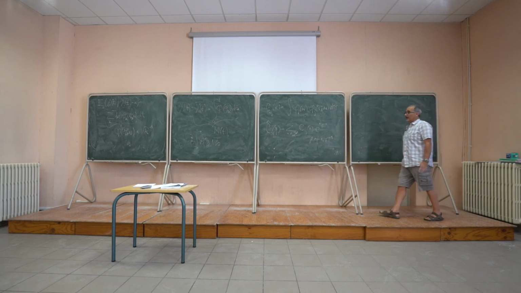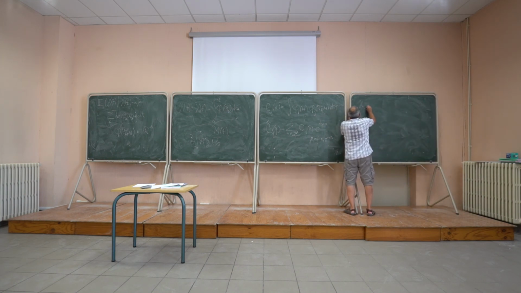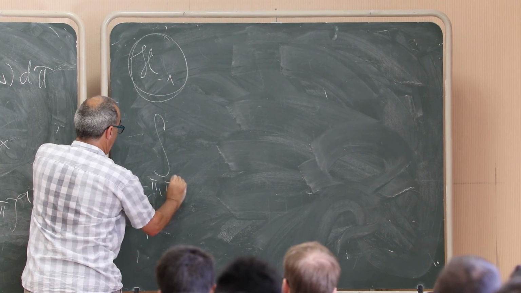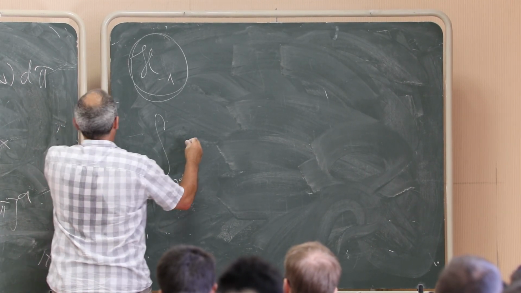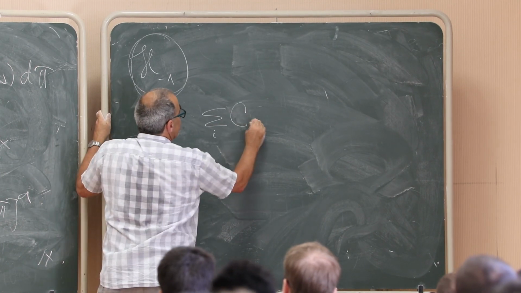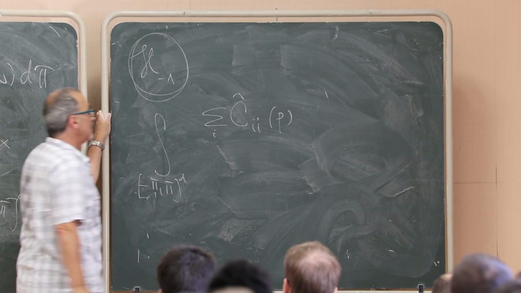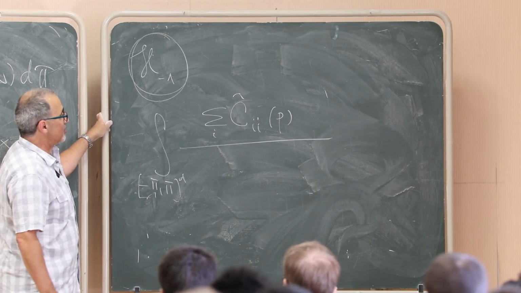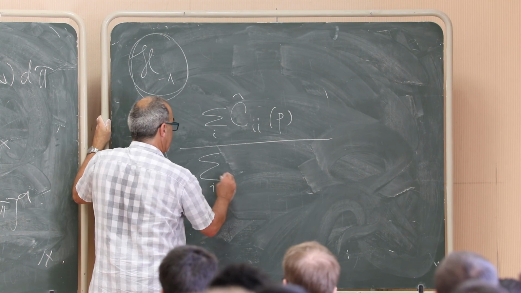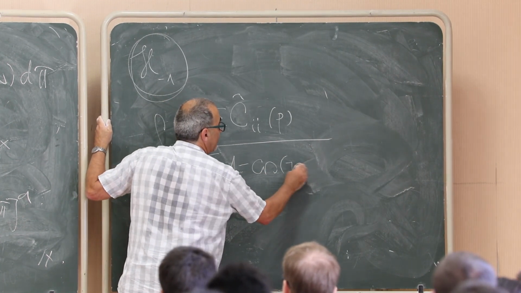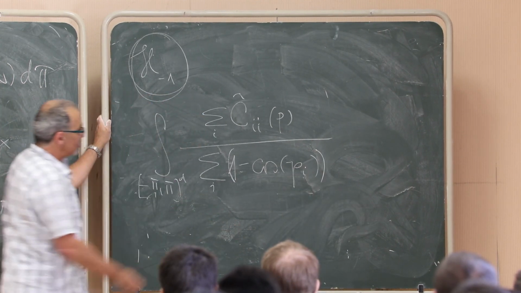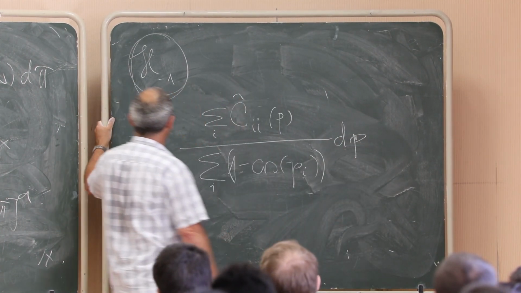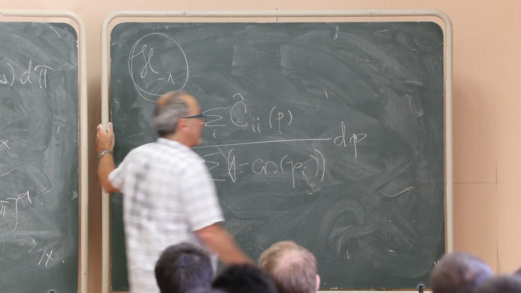The H minus 1 condition is the following: that the integral on the cube [-pi, pi]^d of the trace of, say, the sum over i of C-hat_ii(p) divided by essentially p squared, so the sum over i of 1 minus cosine of p_i, since the small p's matter, dp, be finite.